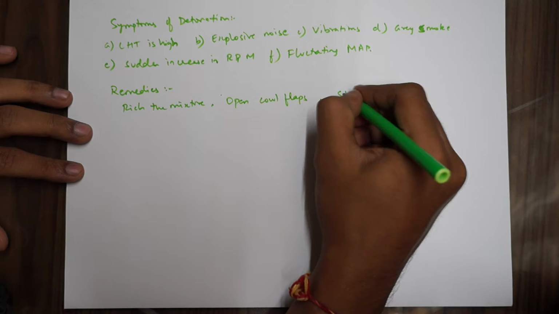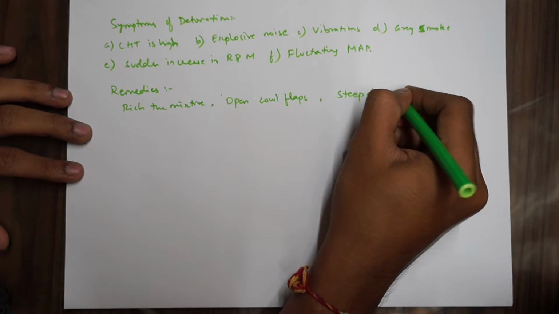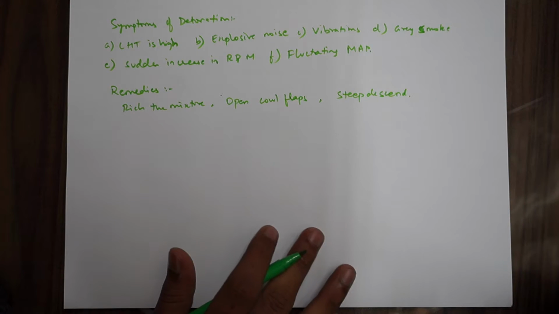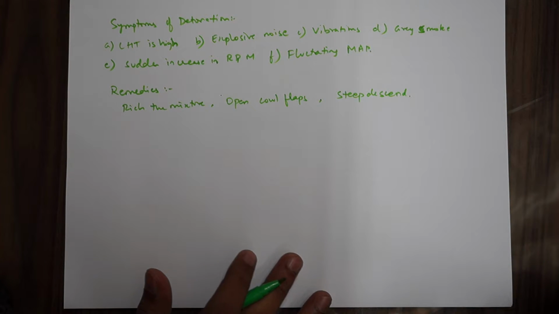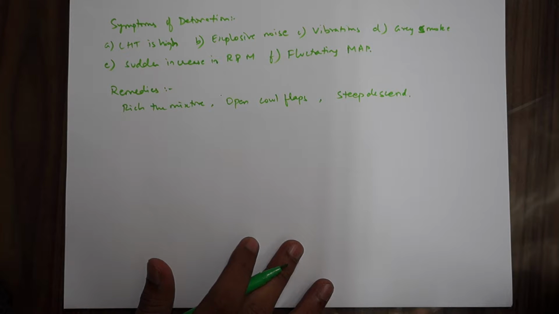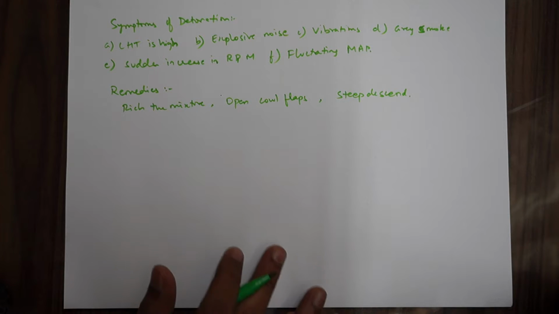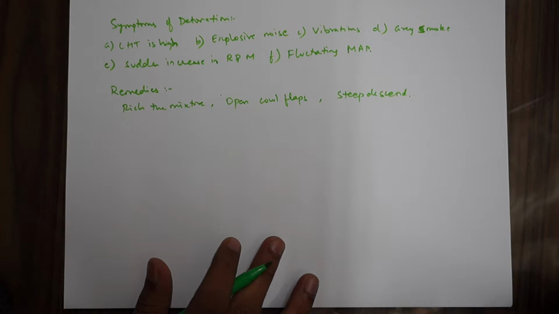And descend fast. If you were climbing really fast, it's gonna cause detonation, so you have to descend. And even in straight and level flight, if you're showing signs of detonation, you're gonna do a steep descent so that the engine cools down and everything falls in place.